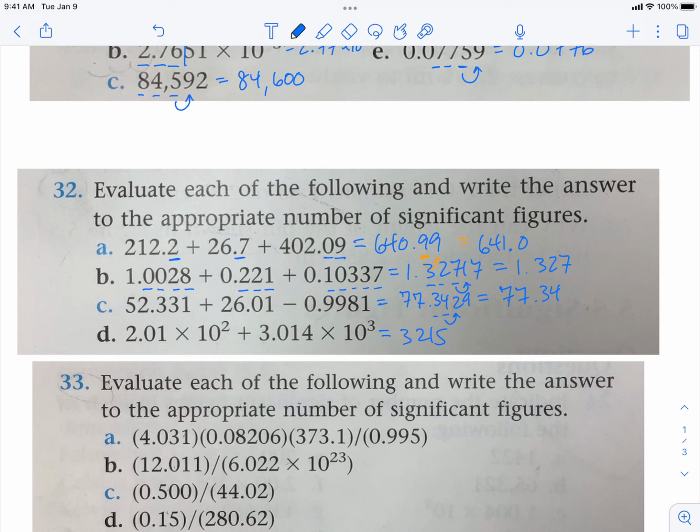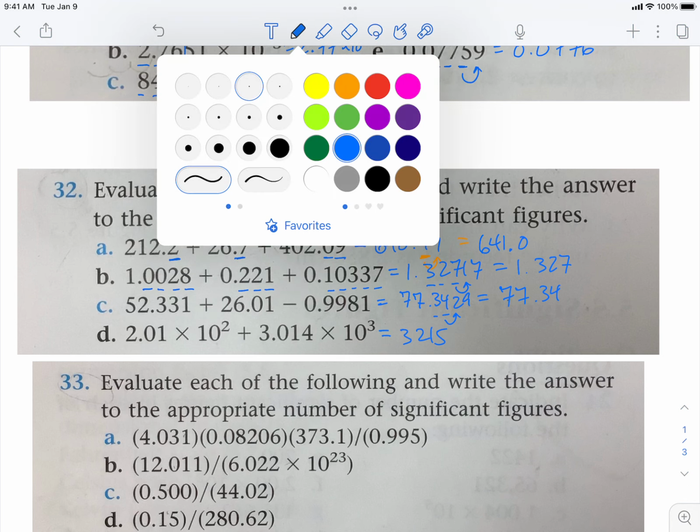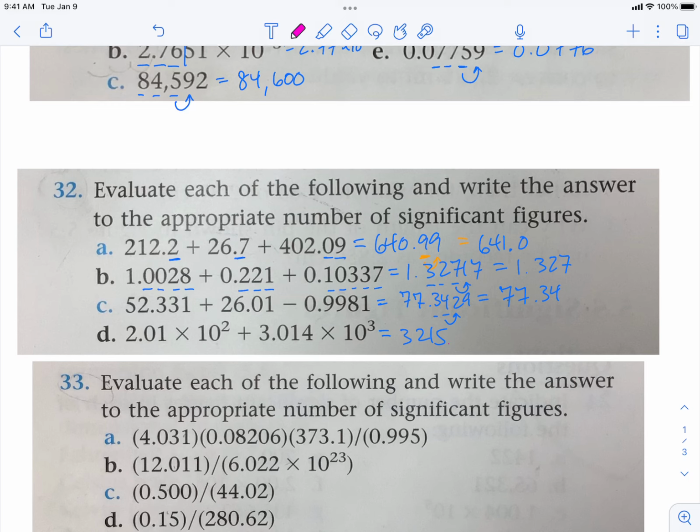So since we're adding here, this is sort of weird. Since it changed it into without scientific notation, I guess what I would do is convert this into scientific notation. So move my decimal over 1, 2, 3 places. So this would be 3.215 times 10 to the 3 since I moved it over 3.